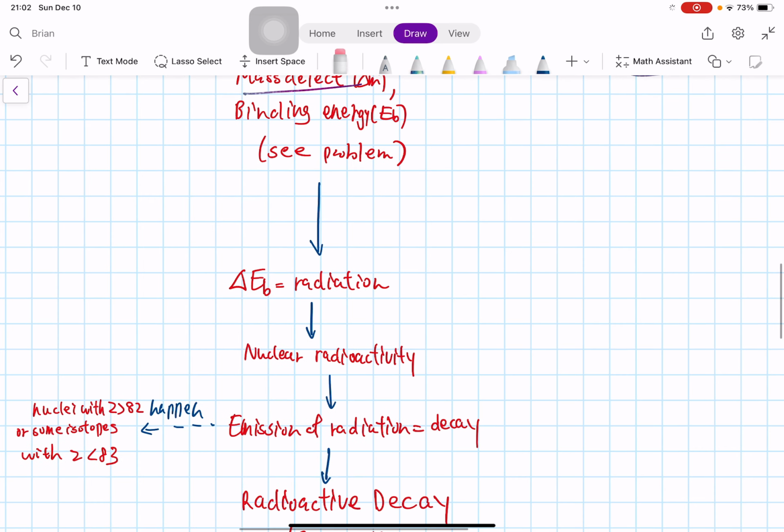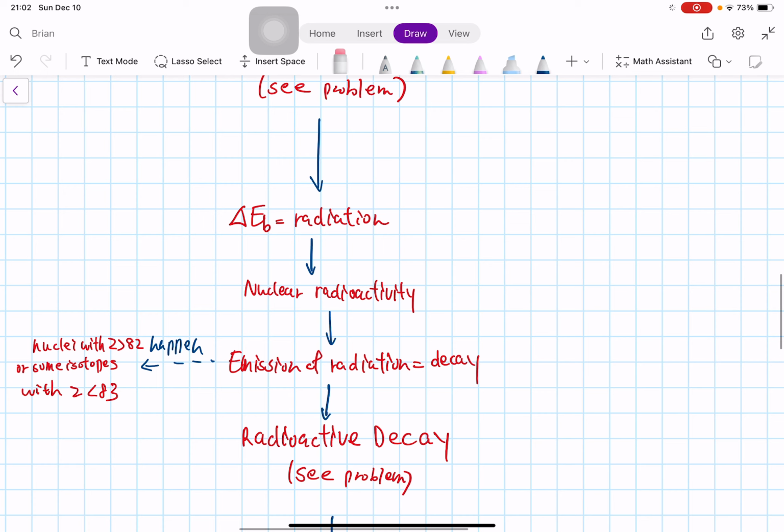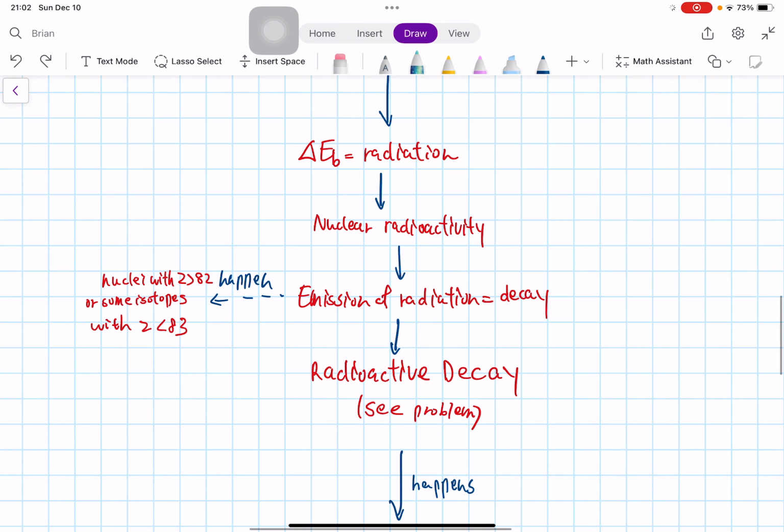After we look at the mass defect, we say that this binding energy is emitted via radiation, and that energy radiation is something that happens inside nuclear radioactivity. In nuclear radioactivity, every emission of radiation is basically a decay of an atom.